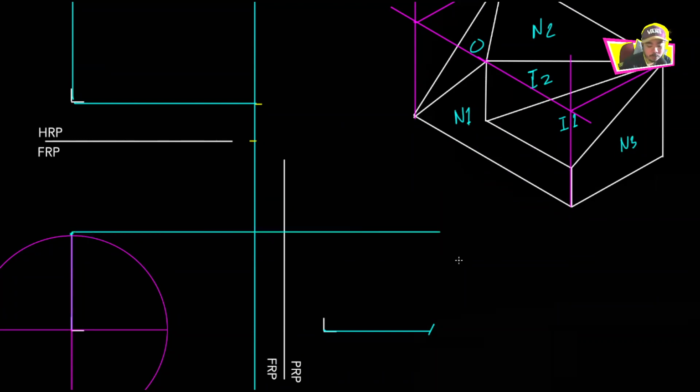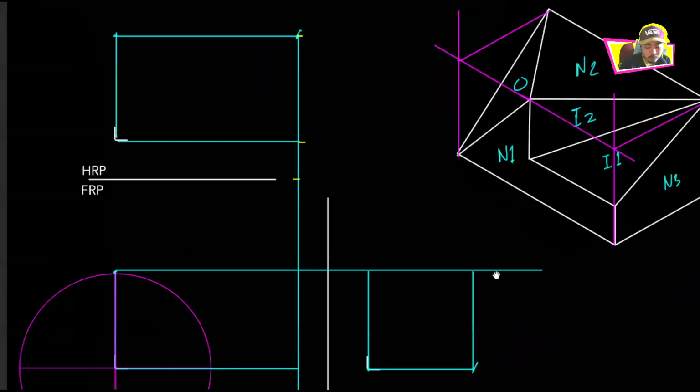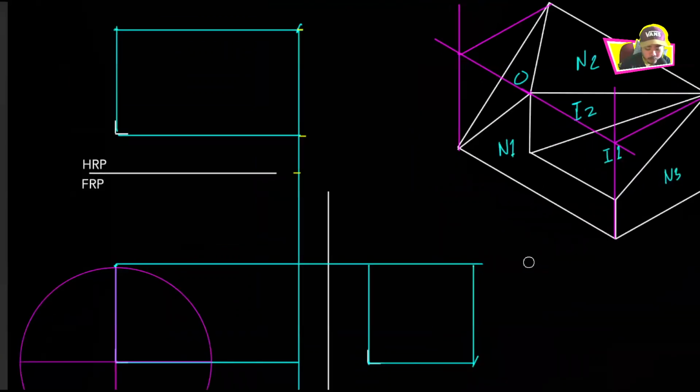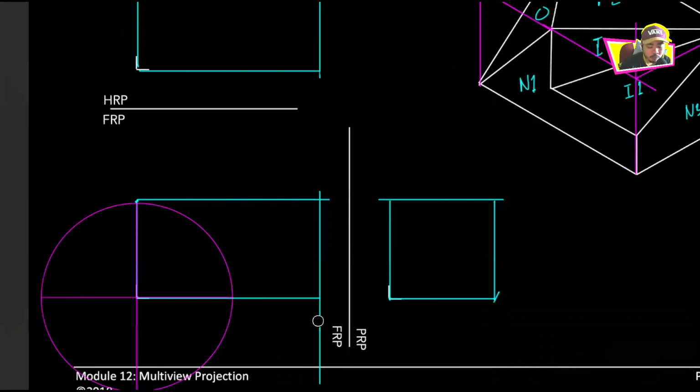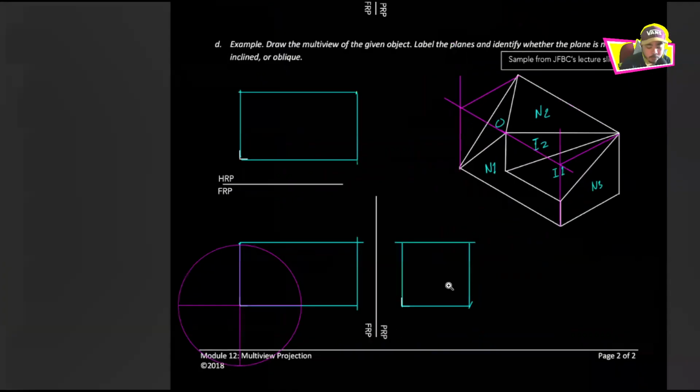And I can just draw this. Para ma-complete ko yung glass box dito sa end na to. Okay? Now, let me just erase. Just erase na dito. Okay? So, that's my glass boxes, no?